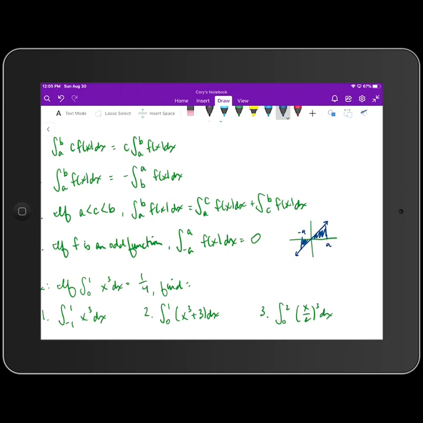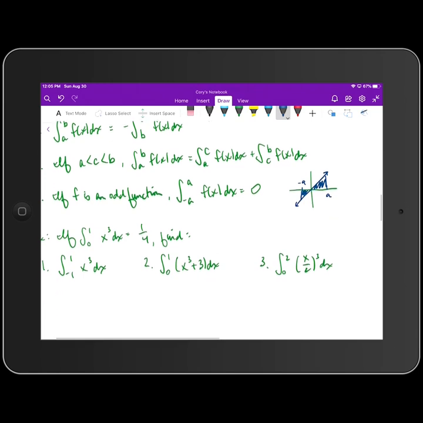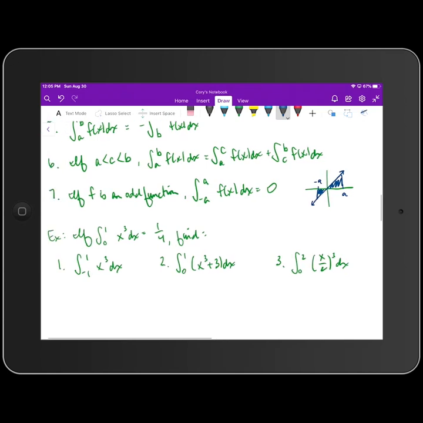The area in quadrant 1 lies above the x-axis, so that area gets counted as positive. The area that lies below the x-axis gets counted as negative. Since those two areas are the same, that net area is going to wind up becoming 0, because we have equal area both above and below the x-axis.